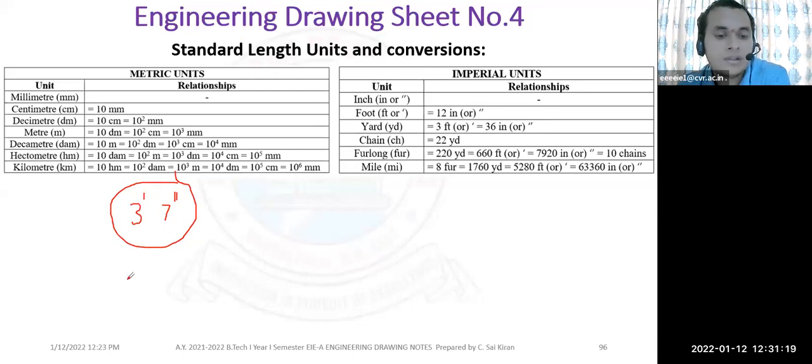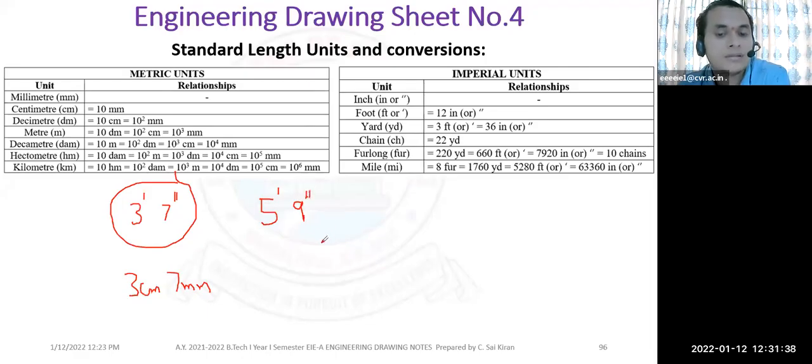Suppose it is how we write 3 centimeters and 7 mm. Similarly, instead of writing the letters, they don't use letters, they use these symbols. So I'm writing it as suppose 5 feet and 9 inches.